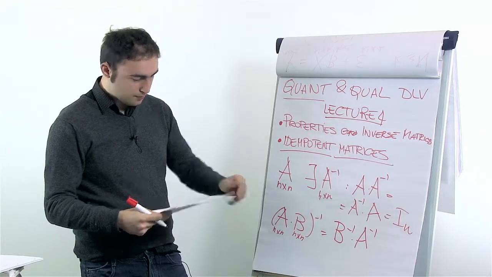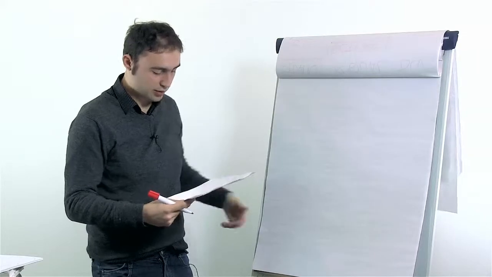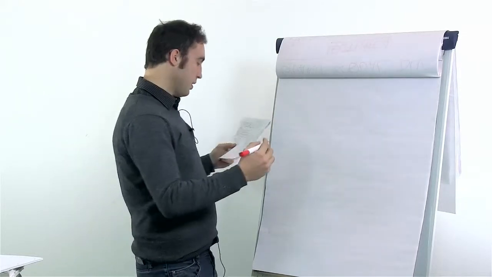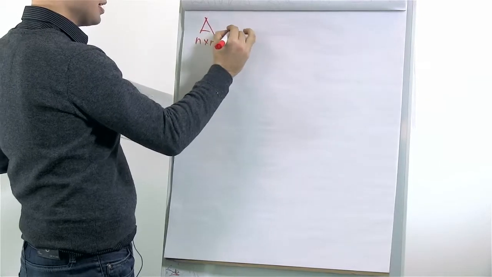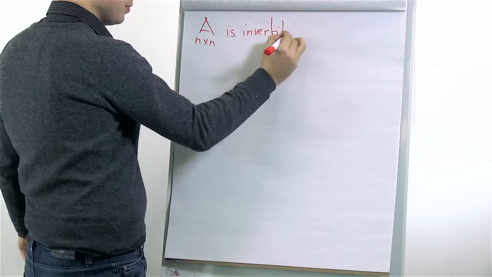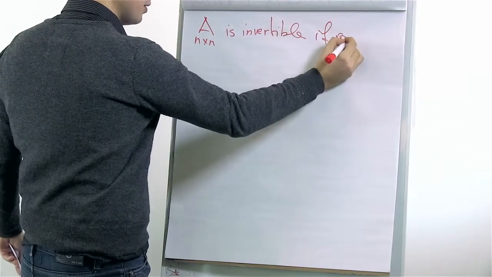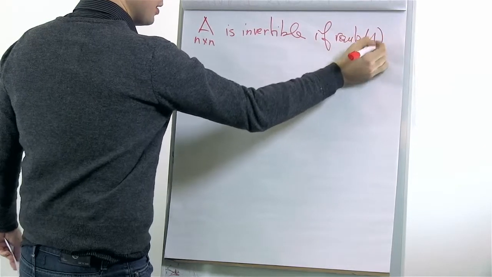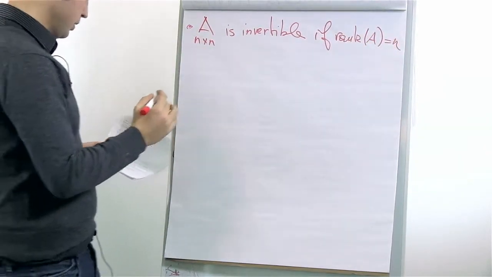Useful facts that we can see about the invertibility of a matrix are these. A that is m by n is invertible if the rank of A is equal to n. This we have seen in the last lecture.